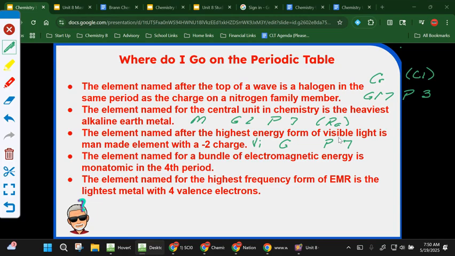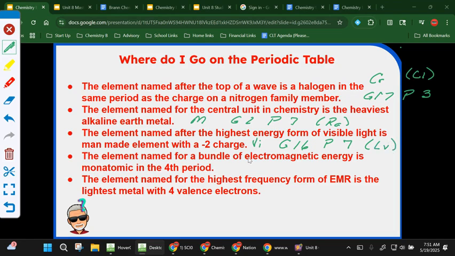Those are man-made elements along the bottom right-hand corner of your periodic table. Where is a -2 charge? What group? Group 16. So what element is currently in group 16, period 7? Probably going to be a tougher one to pronounce. Livermorium, Lv. Very good.